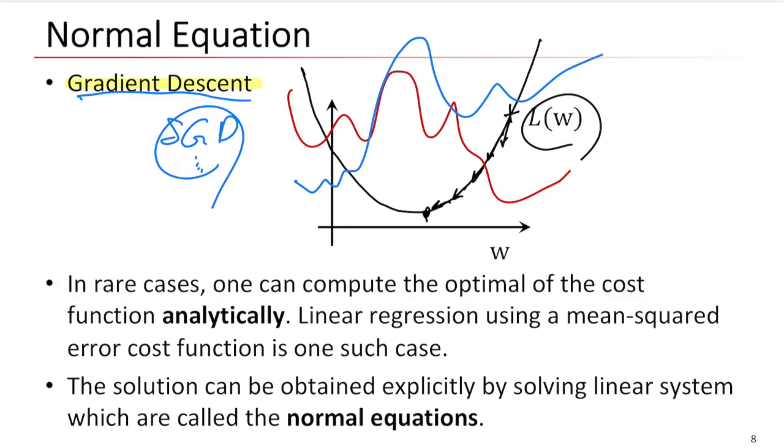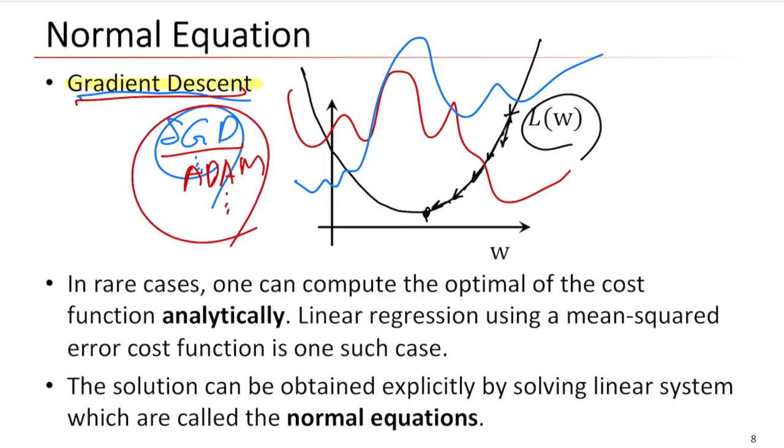Actually, if you want to use a gradient descent algorithm from some library, even for deep learning, there are well-defined and well-implemented gradient descent algorithms such as SGD or the Adam solver, because in most cases the cost function is not convex.